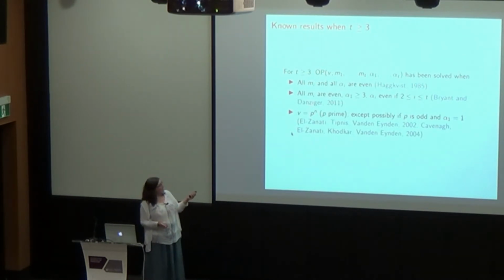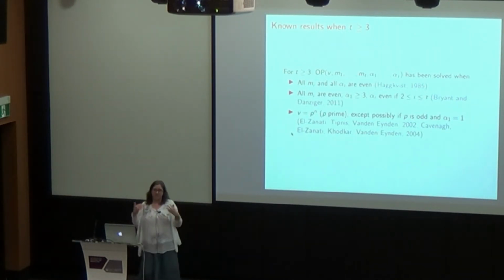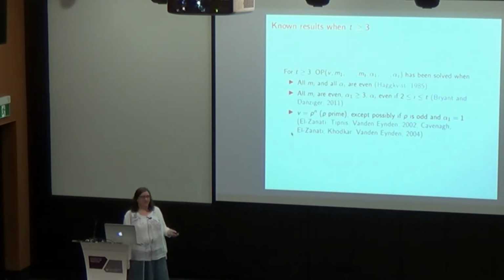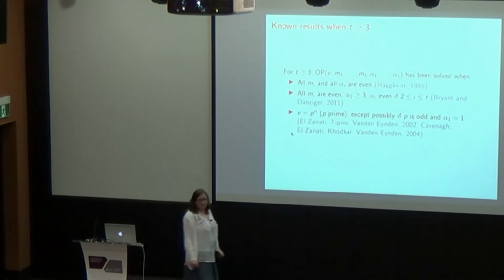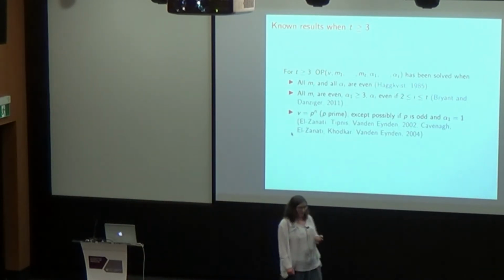It's been looked at when all of our factors are bipartite, so all of the cycle lengths are even and all of the alpha i are even, so we need an even number of each factor type. That's due to Hedquist.